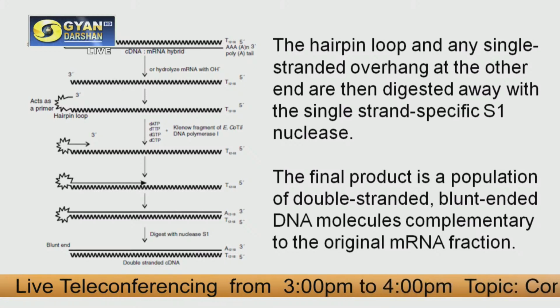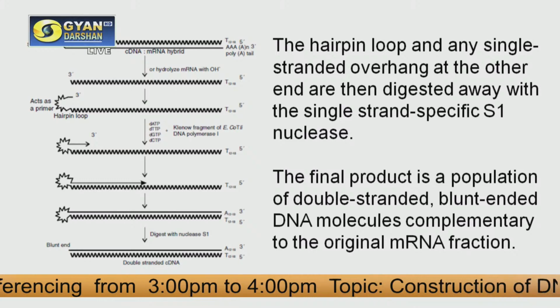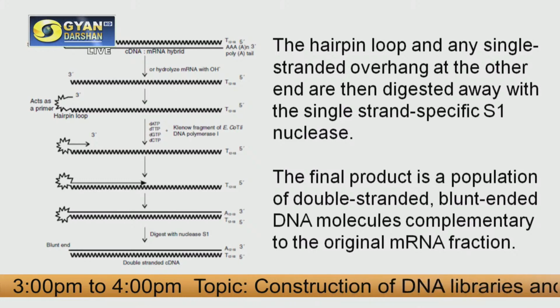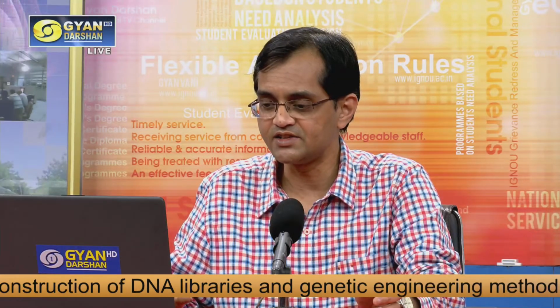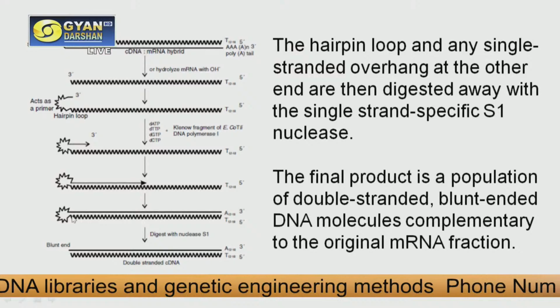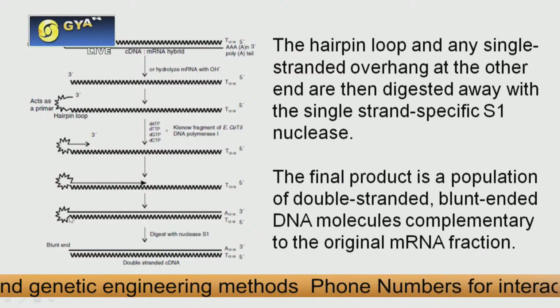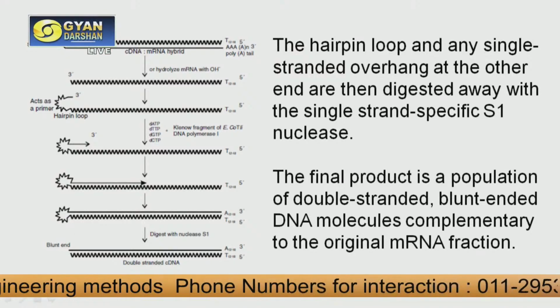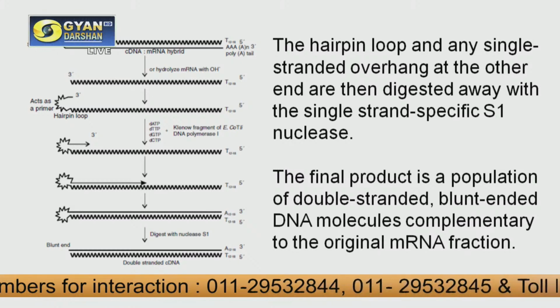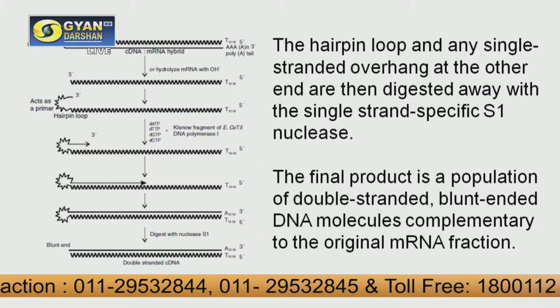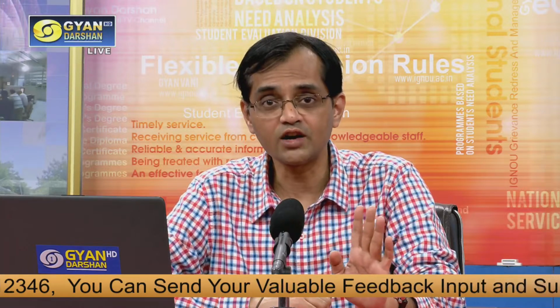The hairpin loop and any single-stranded overhang present at the other end are digested. So the final product is a double-stranded blunt-ended DNA molecule. This is how you get a second strand of cDNA. This method is known as the self-priming method. But as I said, the self-priming method is not that common.